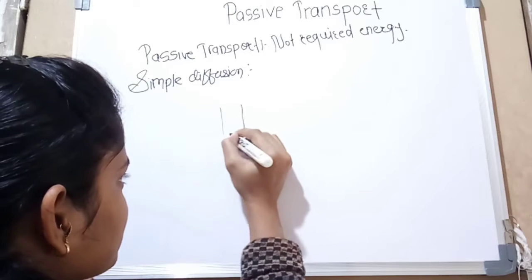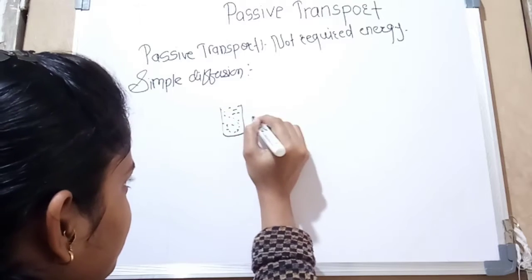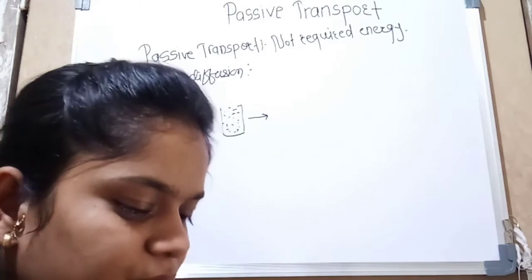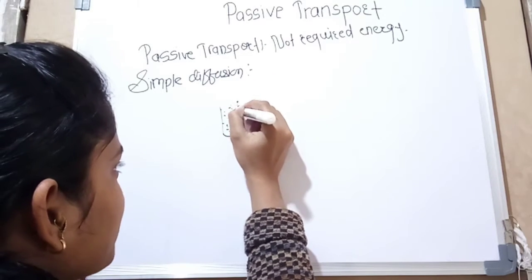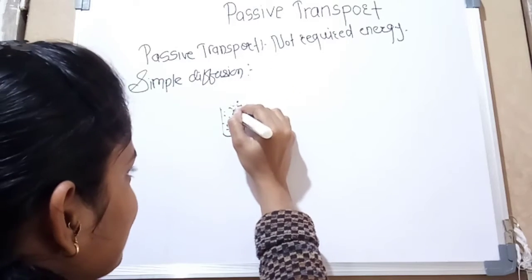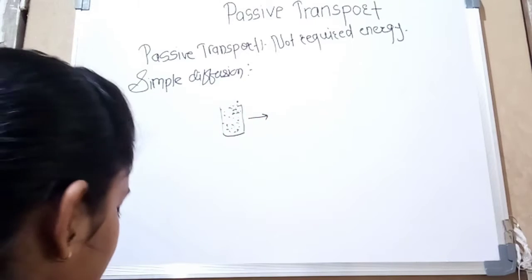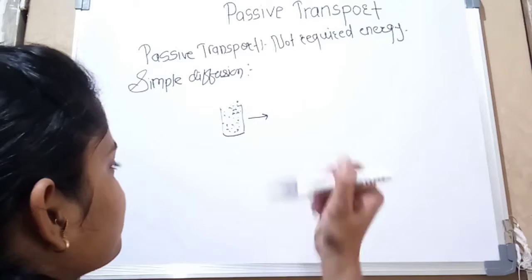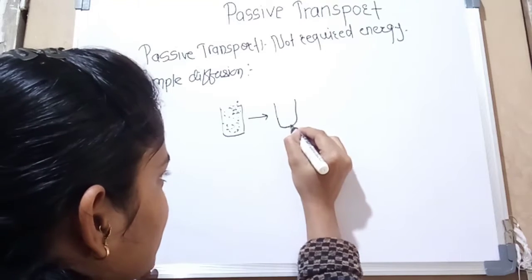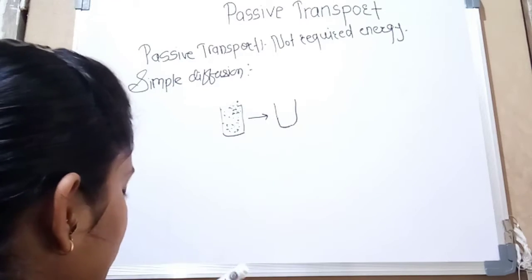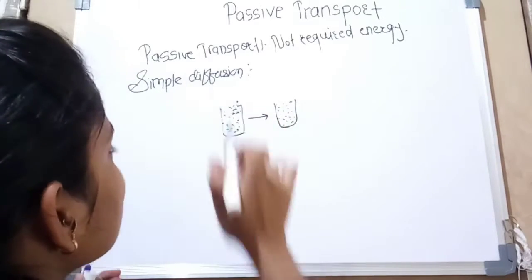This is a glass filled with water. Now I put blue color ink inside it. So what happens? Slowly this ink migrates from the region of high concentration to the region of low concentration. After some time, all the water becomes blue. It only happens due to simple diffusion.